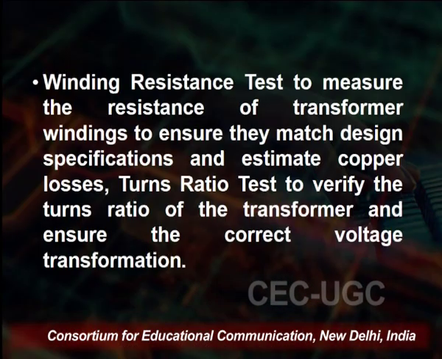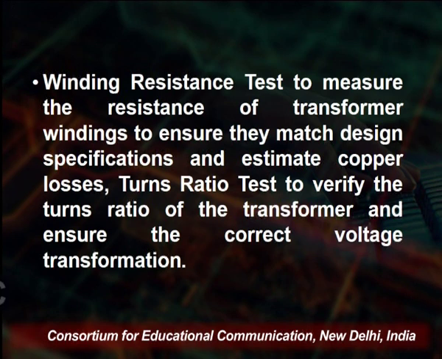These tests include the visual inspection to visually inspect the transformer; the polarity check to verify the correct polarity of the transformer windings and connections; the insulation resistance test to measure the insulation resistance between the various parts of the transformer; and the winding resistance test to measure the resistance of the transformer winding to ensure they match the design specification and estimate the copper losses; as well as the turns ratio test to verify the turns ratio of the transformer and ensure the correct voltage transformation.